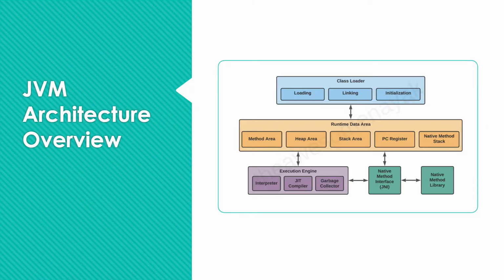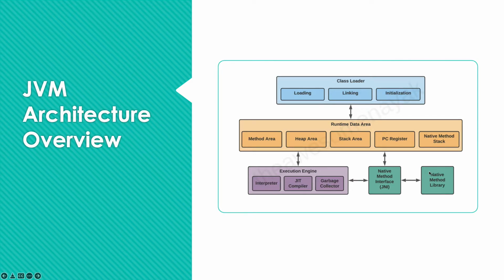So we can divide the architecture into three main components, wherein each component will have subdivisions, but we'll get into the subdivisions part a little later. The first three main components are: one is class loader, second we have the runtime data area, and we have the execution engine.